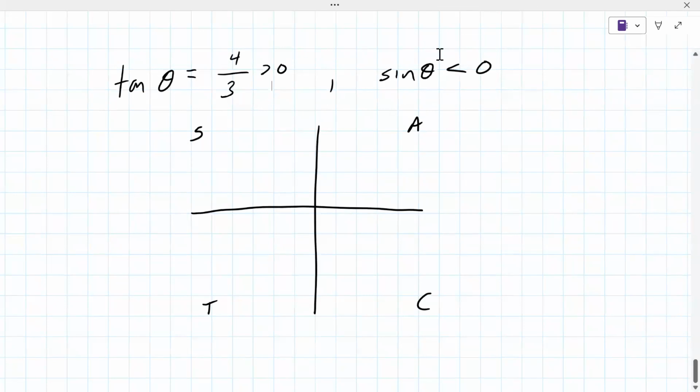Is the answer 3? It is. And if you recall, that reference triangle looked like this. Now, if you label the sides, I'm going to label the sides A, B, and C. Can you tell me the value of A and B in this triangle based on this right here?